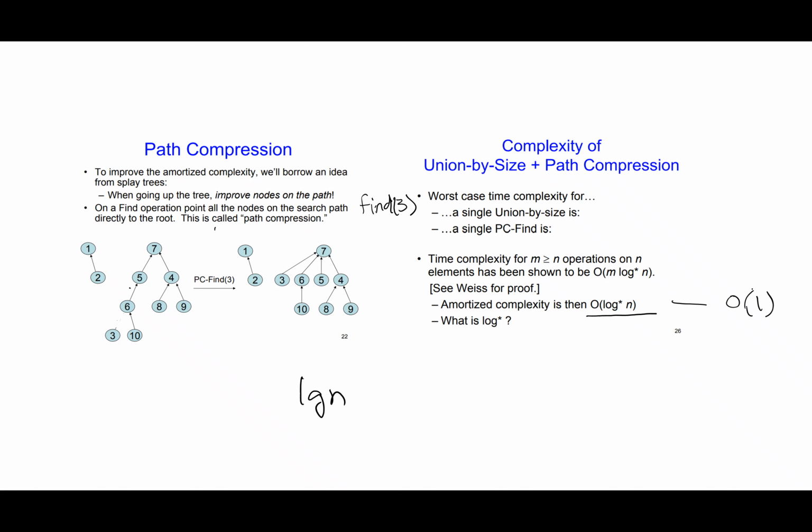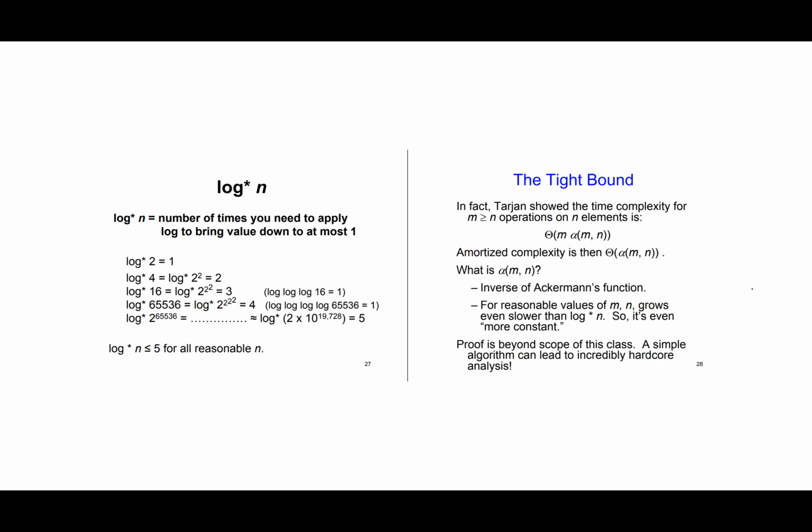I'm going to show you why it's almost order of 1. If you remember the log, log of 16 is 4, right? So what does it mean? It means how many times you have to divide 16 to come to 1.